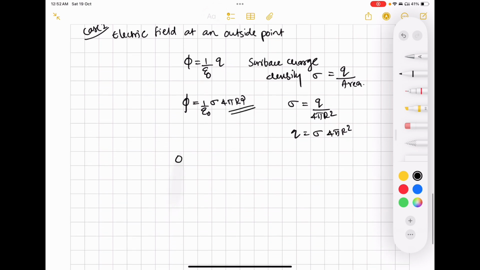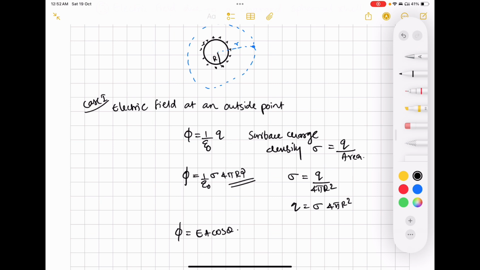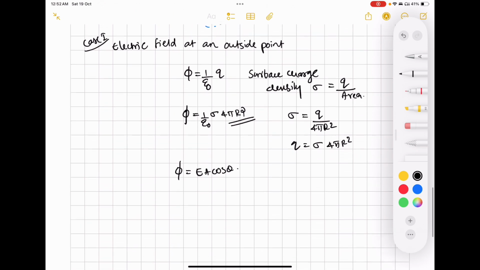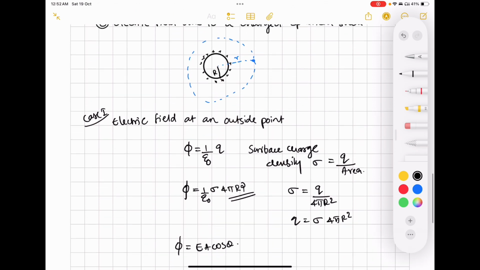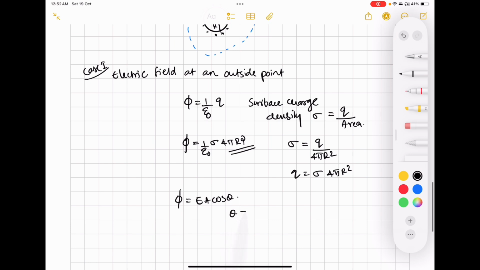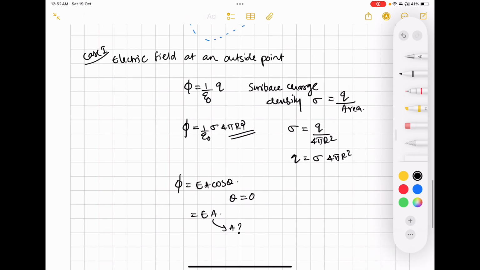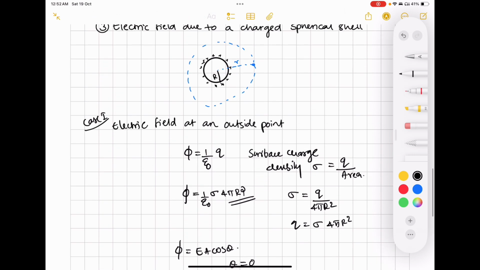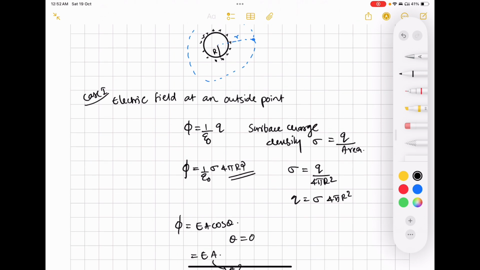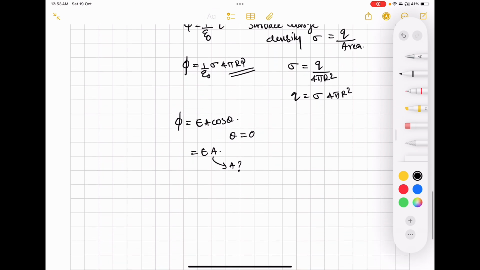And we have flux phi is equal to EA cos theta. Here theta is the angle between electric field and area vector. Here electric field is radially outward and area vector is also the outward normal. So theta is equal to 0, phi is equal to E into A. So what is this A? Here A is the area through which the flux passes, or in this case it is the area of the Gaussian surface.